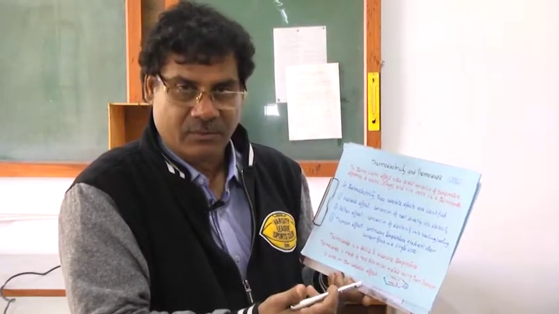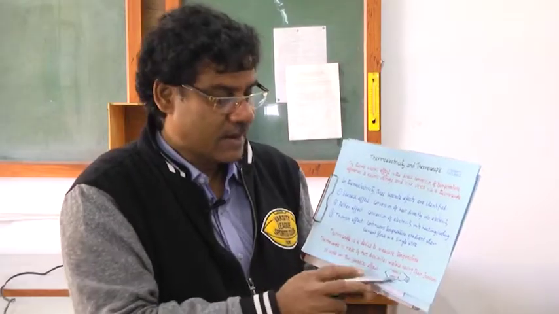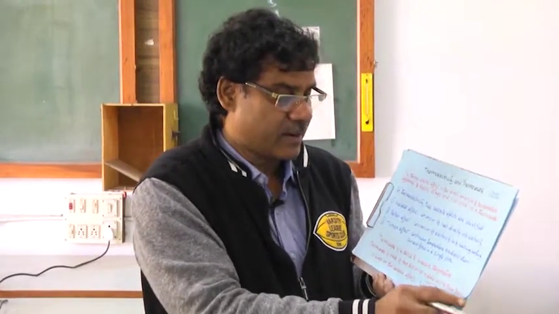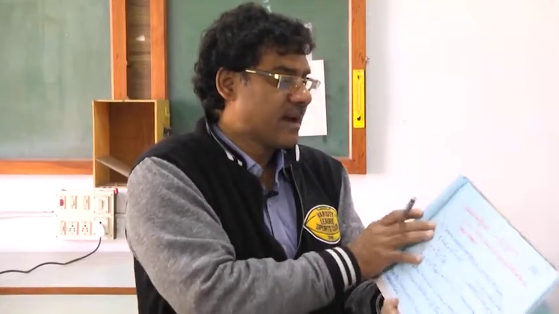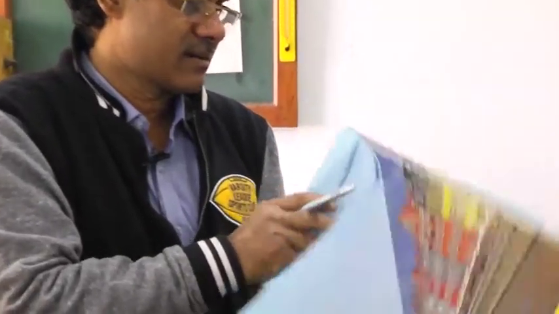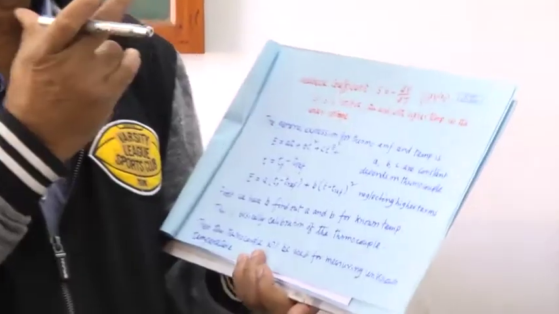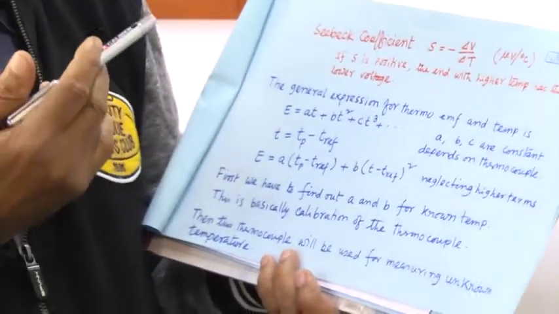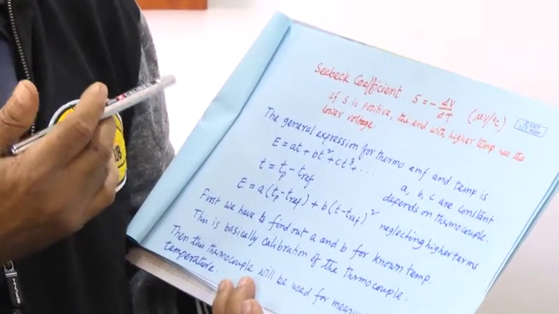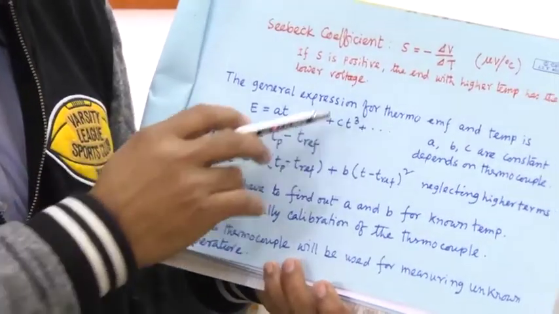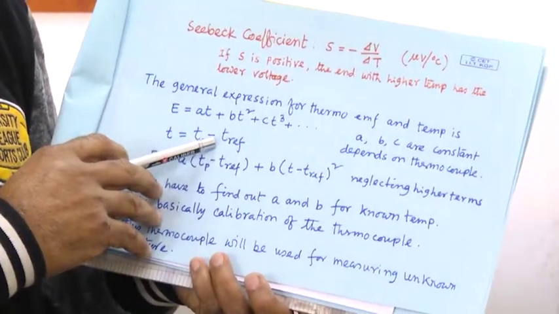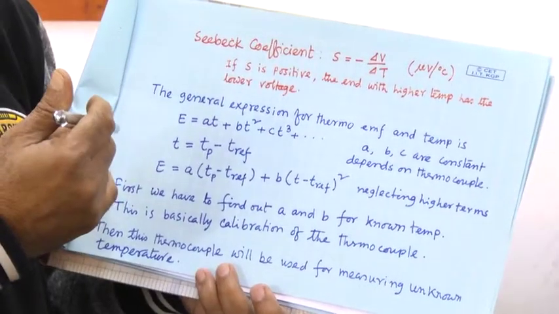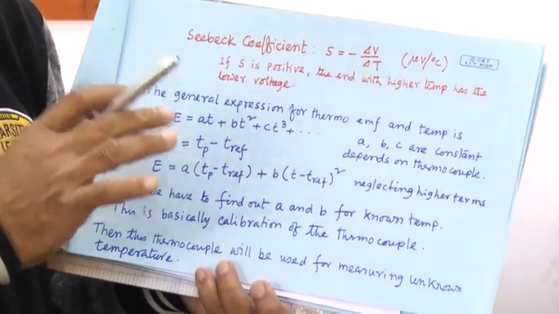So, that we have to measure. That option should be there also, right. The Seebeck effect, as I told you, is that if there is a temperature difference between the two junctions, then there will be thermo EMF, okay. There will be voltage.